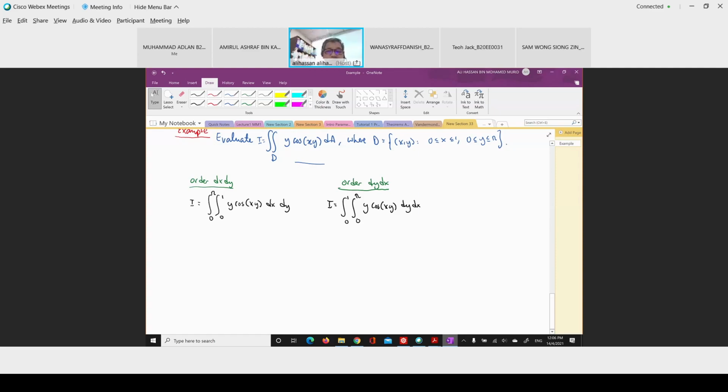You see, the order dy dx requires integration by parts.